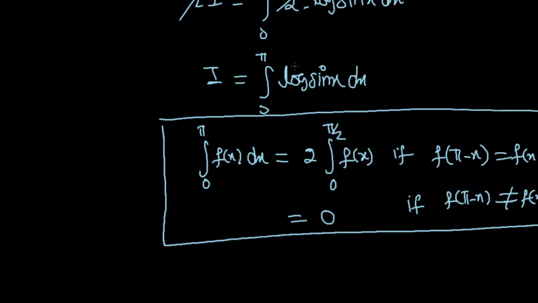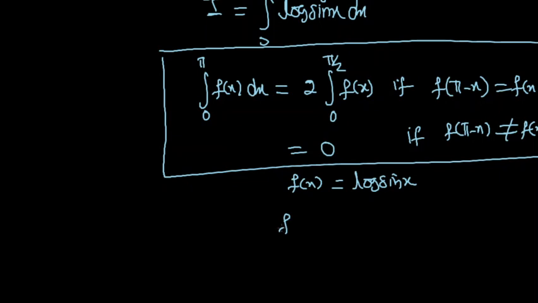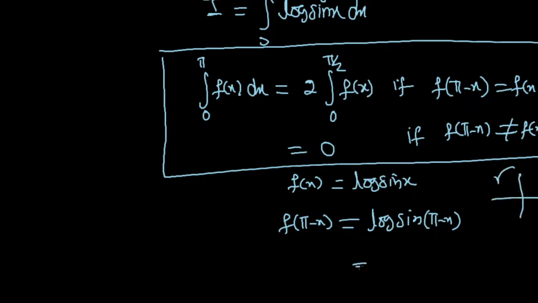Let us consider inside a function f of x. f of x is equal to log sin x. So apply pi minus x in the place of x. f of pi minus x is equal to log of sin of pi minus x. Pi minus theta lies in the second quadrant, sine is positive, so you'll get the same log sin x, which is f of x.